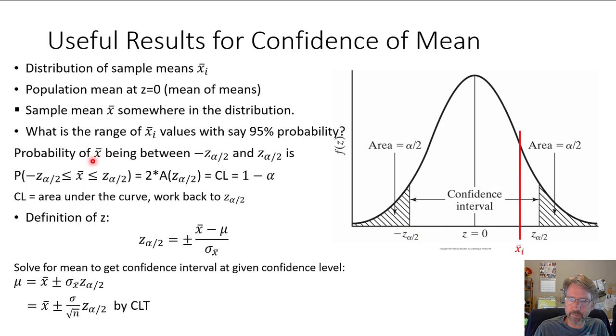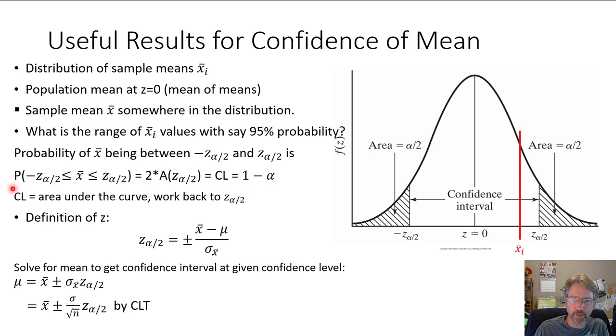So the probability of an average of your samples being between negative z alpha over 2 and z alpha over 2 is the area under the curve. And we can find it from the table of normal distributions, which is just 1/2, one side. And so if we find the area from the table for that z alpha over 2, multiply it by 2, that should be the confidence level, again our 95%, or 1 minus alpha.